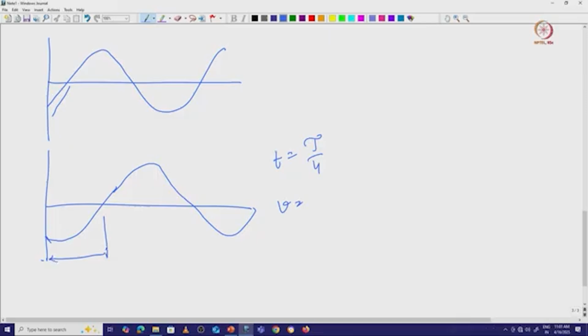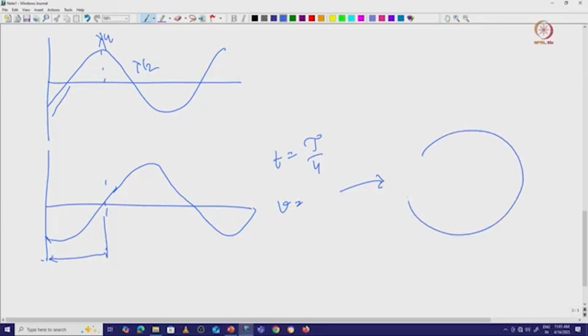Now if you try to plot this again, going to the previous page, you know where the lambda by 4 is, then lambda by 2. Here also you can see there is a shift, this one will be your lambda by 2, right. Now you want to plot this in your diagram.